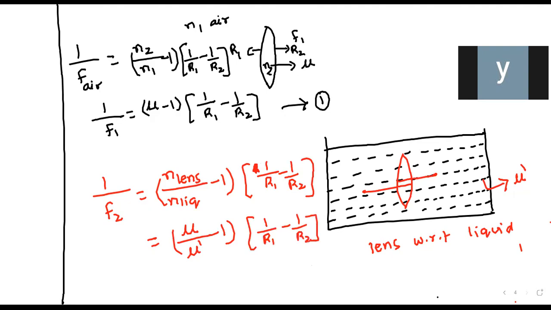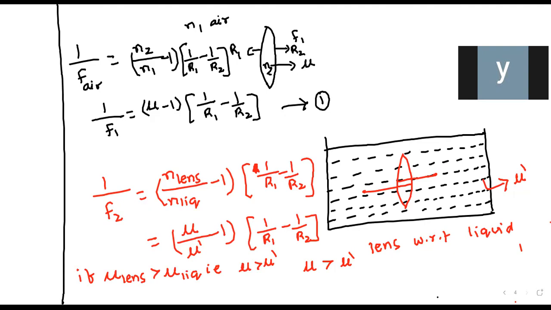Now let us consider if refractive index of lens is greater than refractive index of liquid, that is mu is greater than mu dash. When mu is greater than mu dash, what is the value of mu by mu dash?